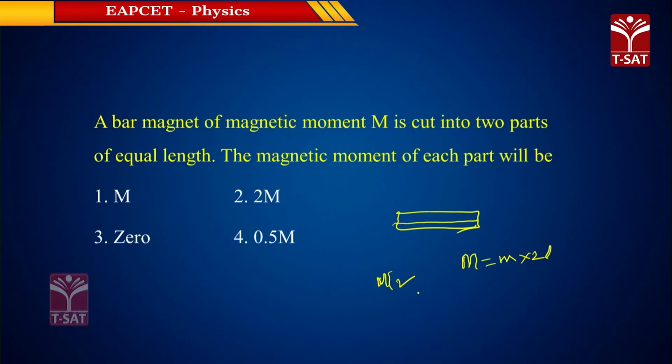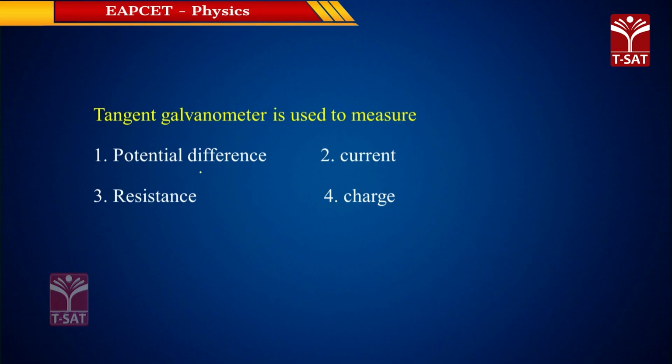Okay, here this is, you can take that. A tangent galvanometer is used to measure potential difference, current, resistance, or charge.